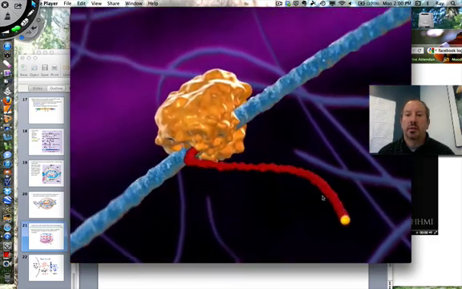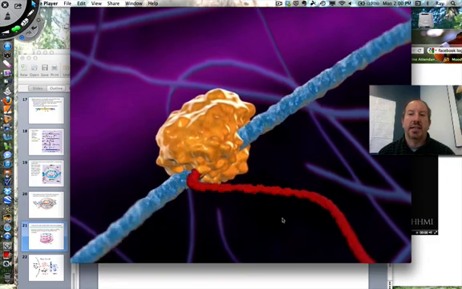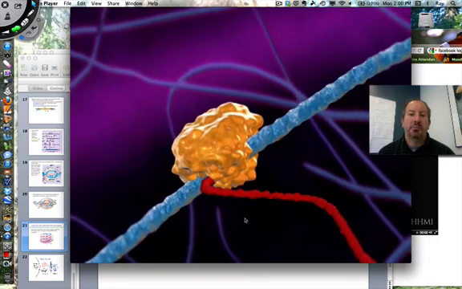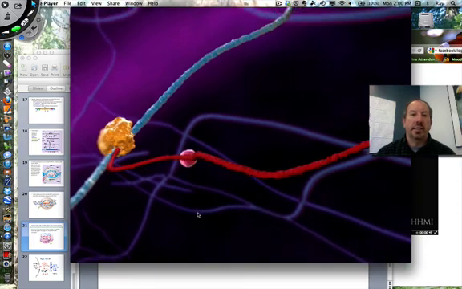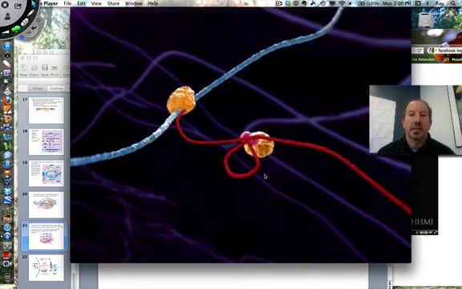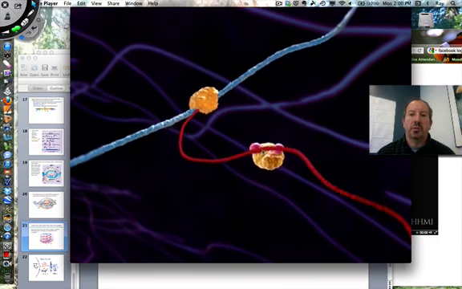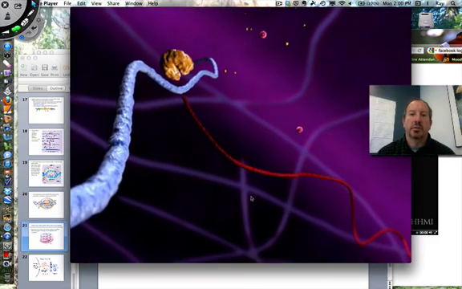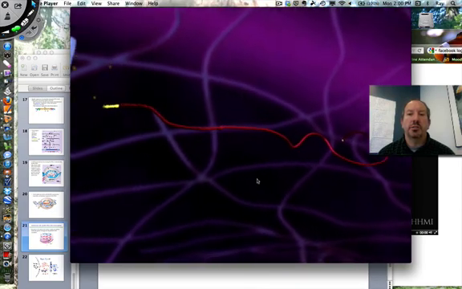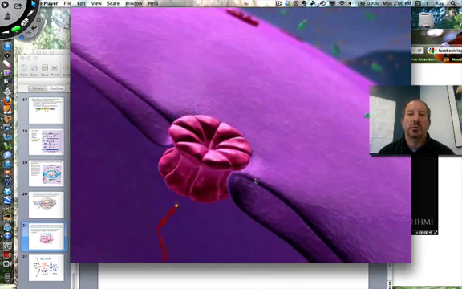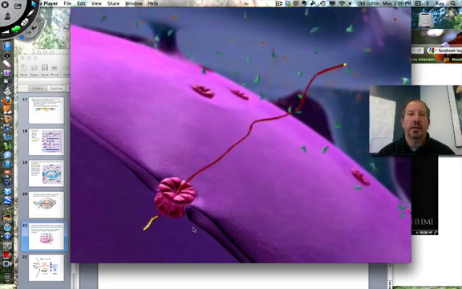And so a little 5' cap is added, a poly A tail is going to be added at the very end over there, and then here's the small nuclear RNA, which is removing the introns. There's the adenines attaching, and so here's your completed messenger RNA, and it's going to be leaving the nucleus like that.